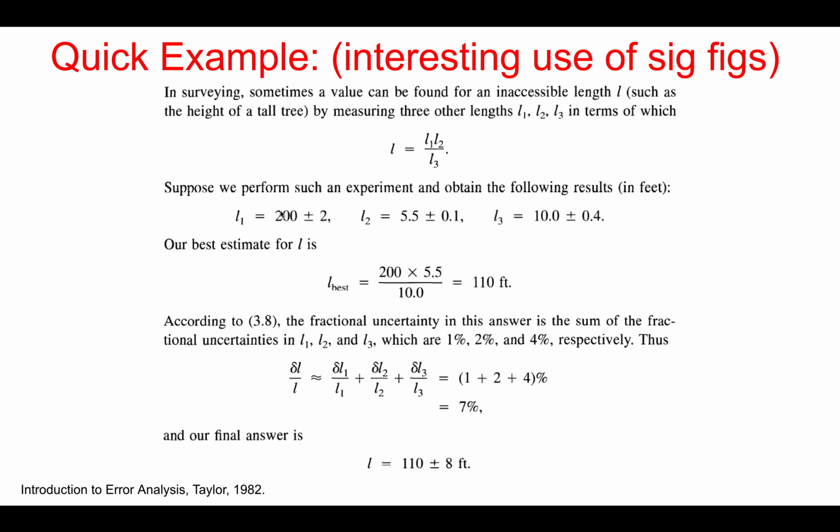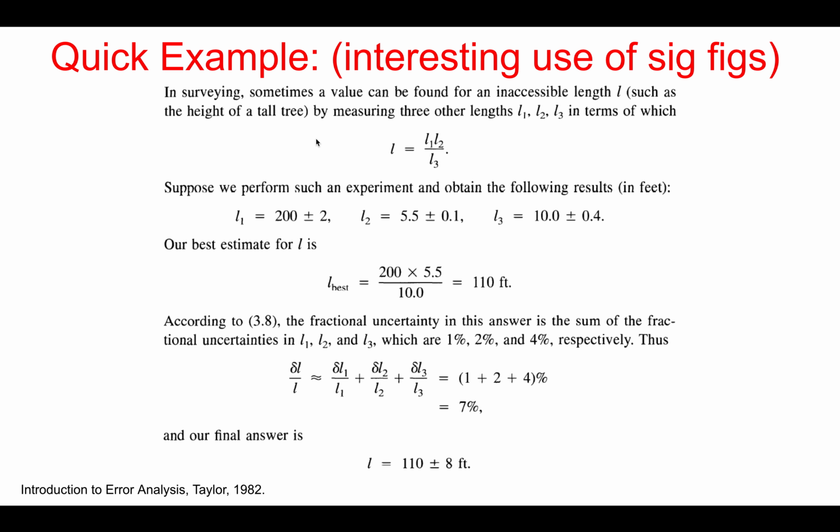Here he presents a number, 200, but there's no decimal point. This number is ambiguous, so he should have put a decimal point here.